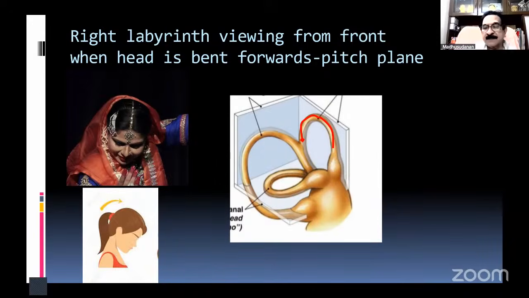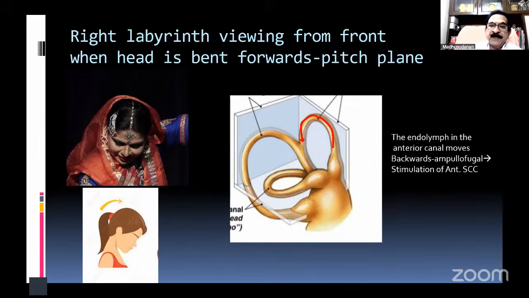So here, the superior canal does not get stimulated when the patient is bending forward, because the flow is away from the ampulla. Only if the fluid moves ampullopetal it is stimulated; ampullofugal, fugal means away from the ampulla, and that inhibits the anterior semicircular canal.